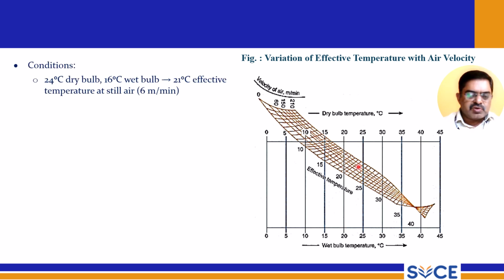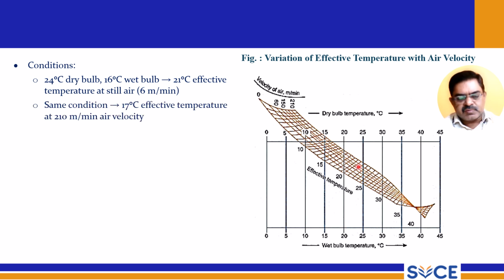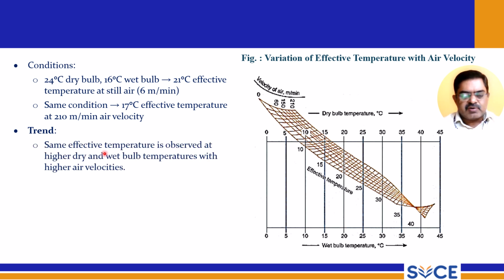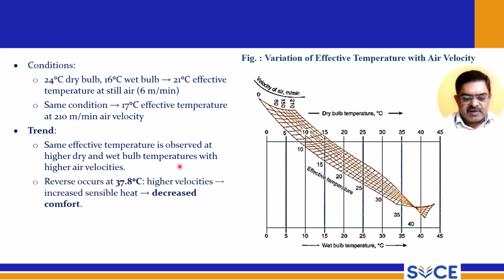Conditions of 24 degrees Celsius dry bulb and 16 degrees wet bulb give 21 degrees Celsius effective temperature at still air, 6 meters per minute. The same condition gives 17 degrees Celsius effective temperature at 210 meters per minute air velocity, and the trend is followed like this. The same effective temperature is observed at higher dry and wet bulb temperatures with higher air velocities.